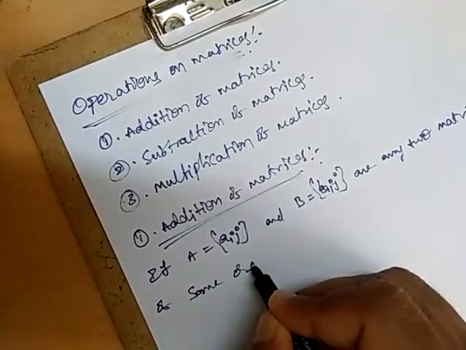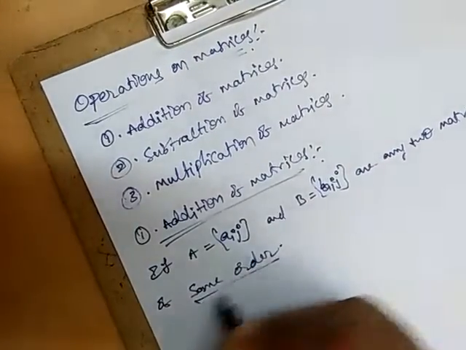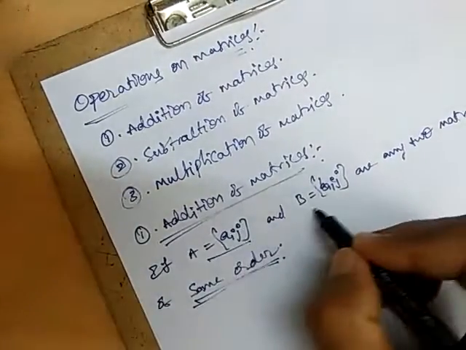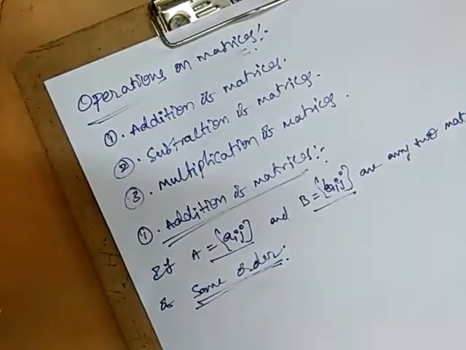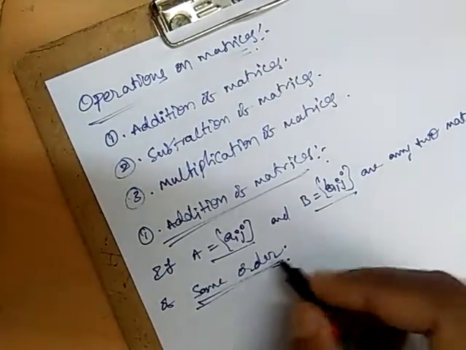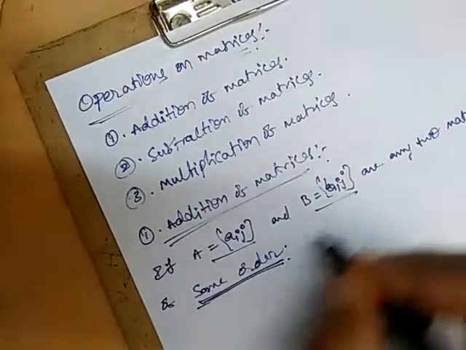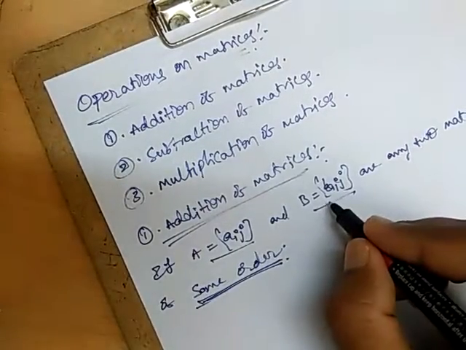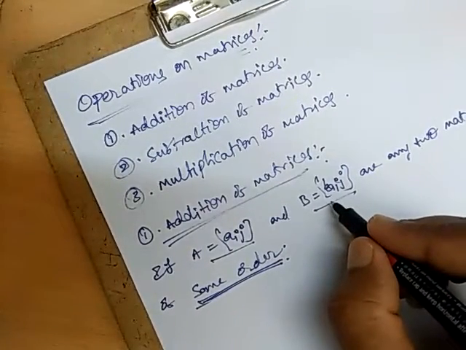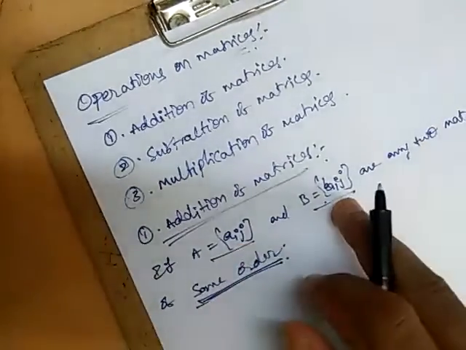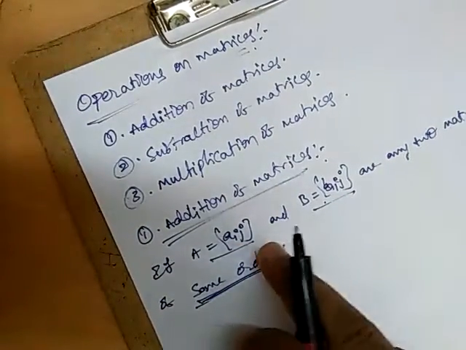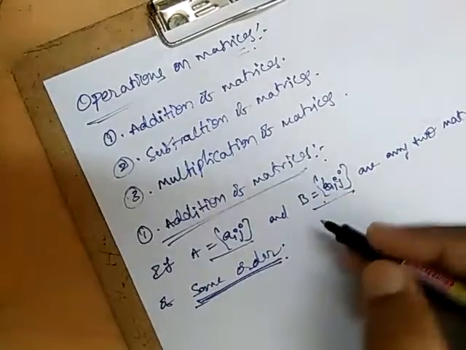This is the key point. If these two matrices have the same order, then only addition is possible. If A and B have different orders, then we cannot add those two matrices.